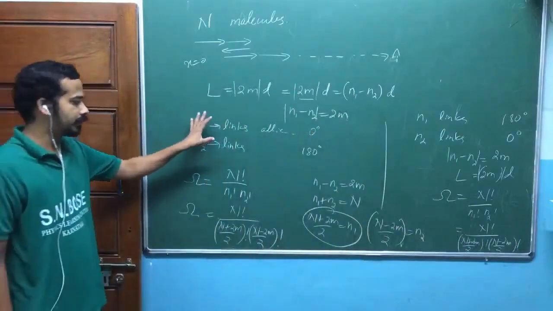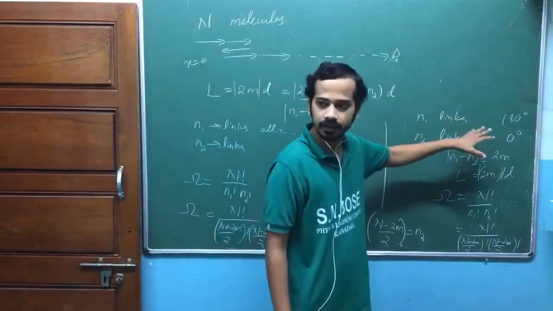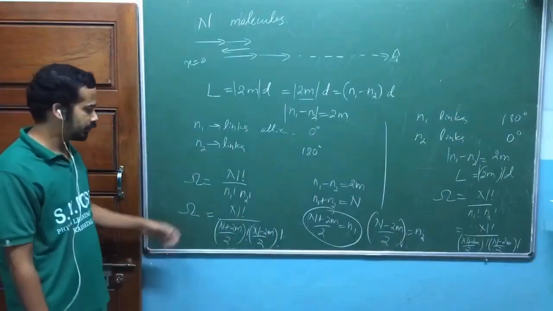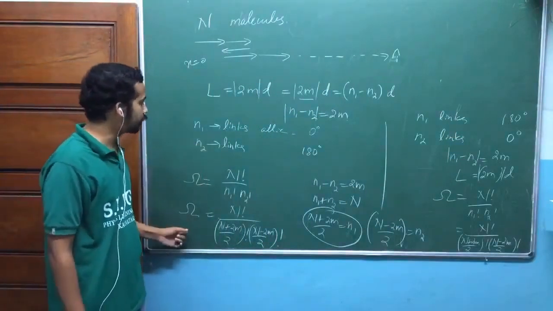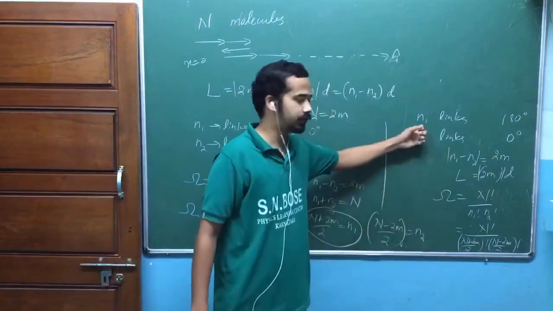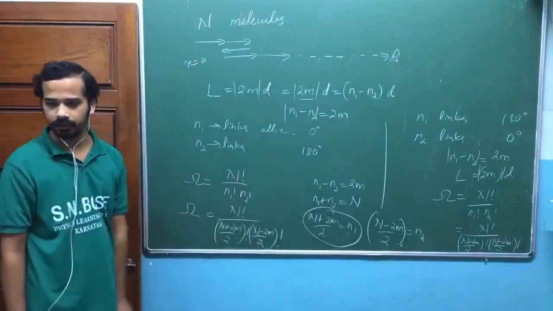If you align them like this, then also you got the same length, you got length L. If you align like this, then also you got the same length, am I right? This is the number of possible ways of this one. Again, this is the number of possible ways of this arrangement. And when you add them, you get total number of possible ways.